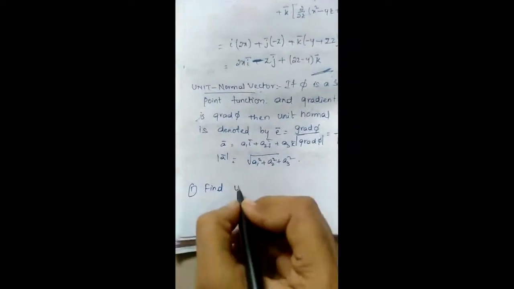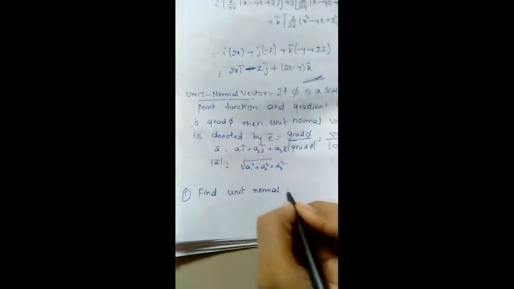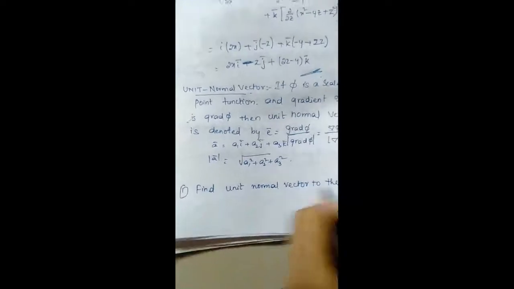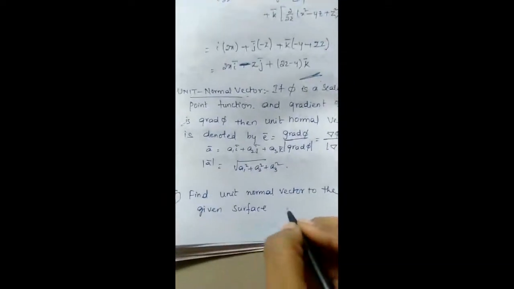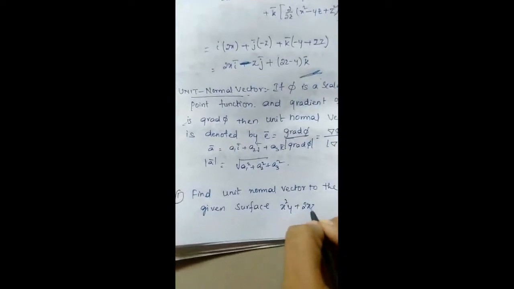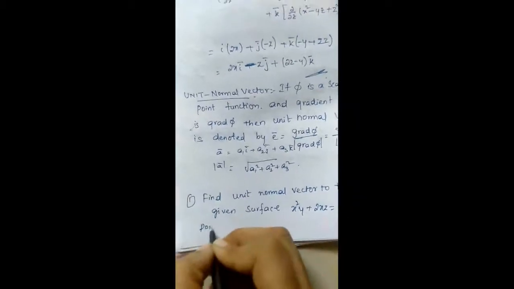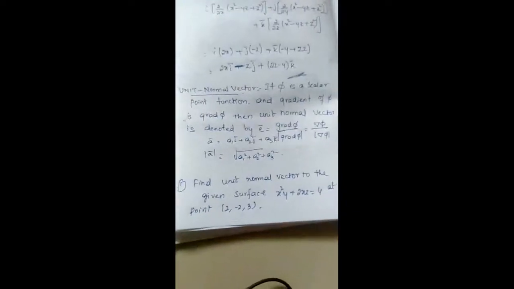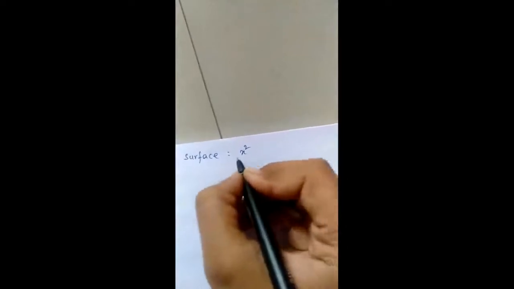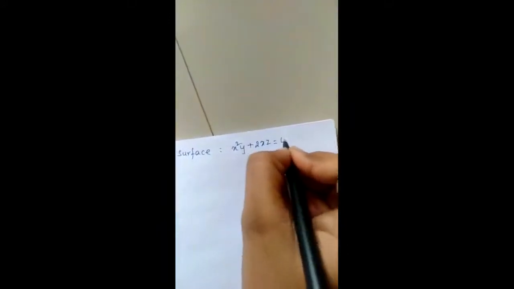One problem I'll do. Find the unit normal vector to the given surface x square y plus 2xz equals 4 at the point 2, minus 2, 3. Here, the given surface is x square y plus 2xz equals 4.